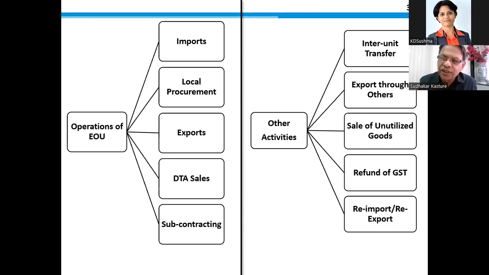Let's say you are an engineer, you want to develop your business. You are into business, you want to grow. You have friends abroad wanting to help you. Because this is one scheme which allows 100% FDI through automatic route.